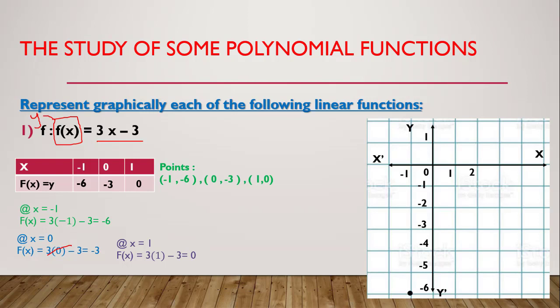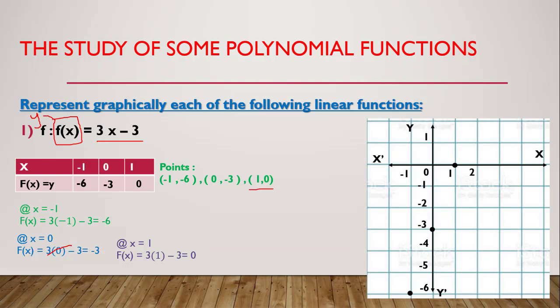So this is the first point. The second one, 0 and -3. This point is on the y-axis because the x projection is 0, so I put it here, -3. Finally, 1 and 0, 1 from x. This point is located on the x-axis because the y projection is 0. So this is the third point.